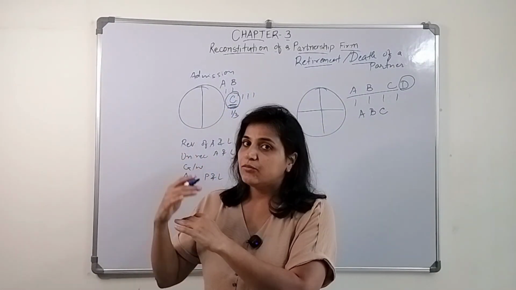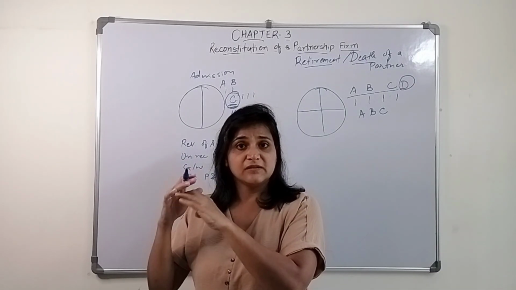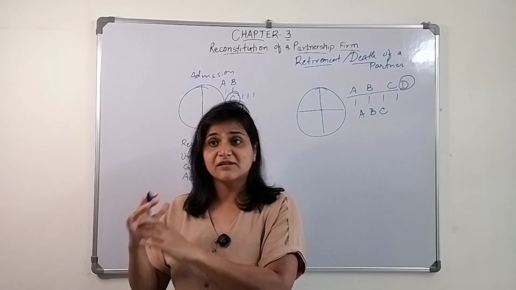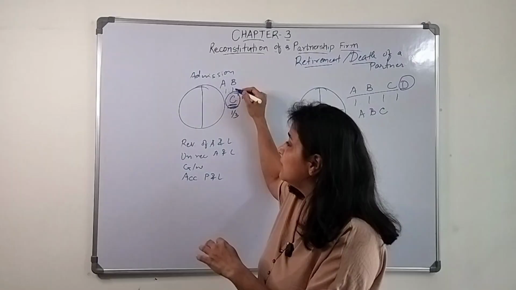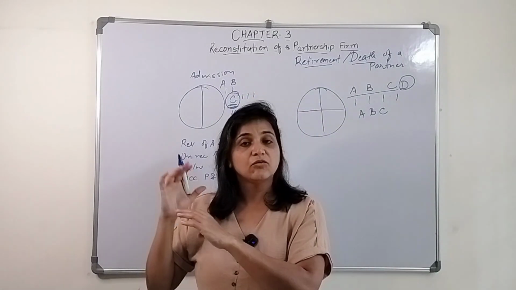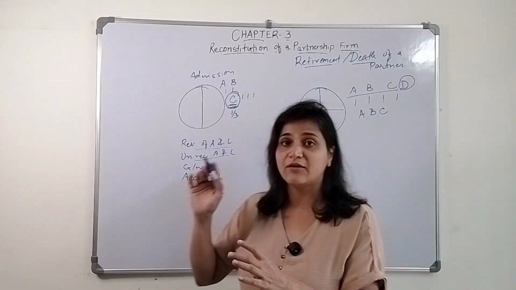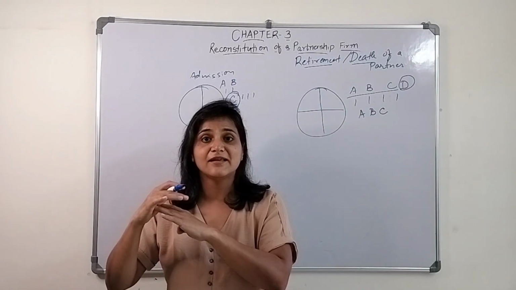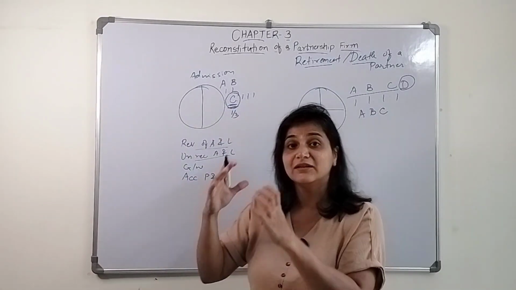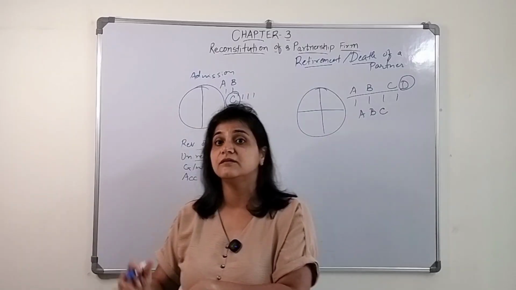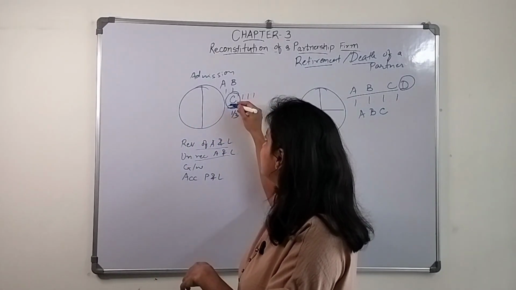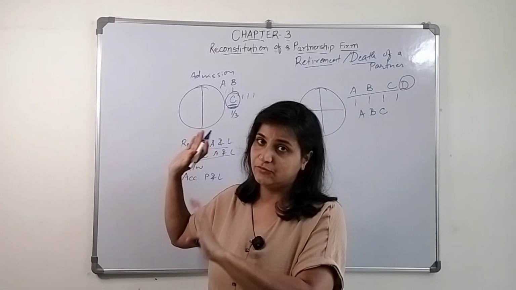Then there were goodwill and fictitious assets which were still there, and those were also shared between A and B in their old existing ratio. Then they needed to revalue everything, because now the assets and liabilities will belong to whom? When the new partner enters the business, all the assets and liabilities will belong to all three partners, right?